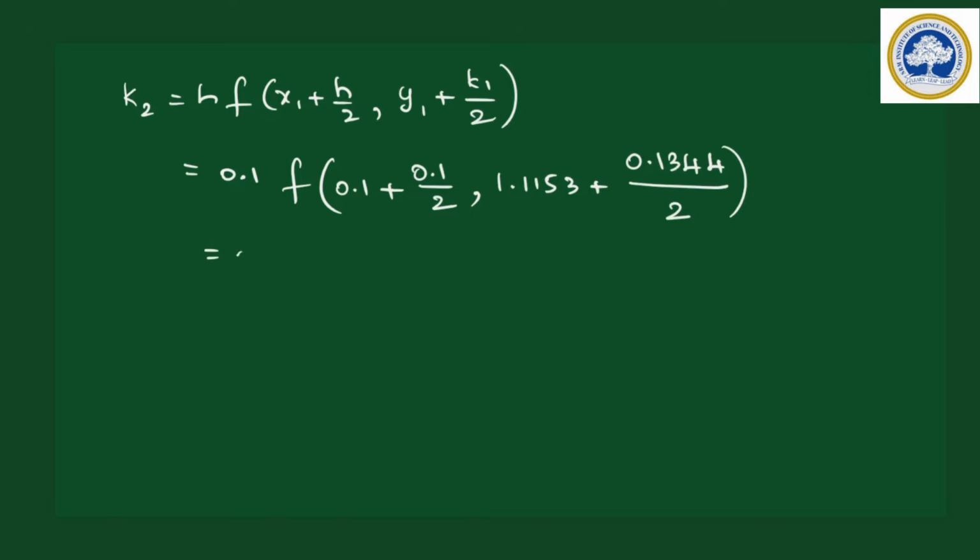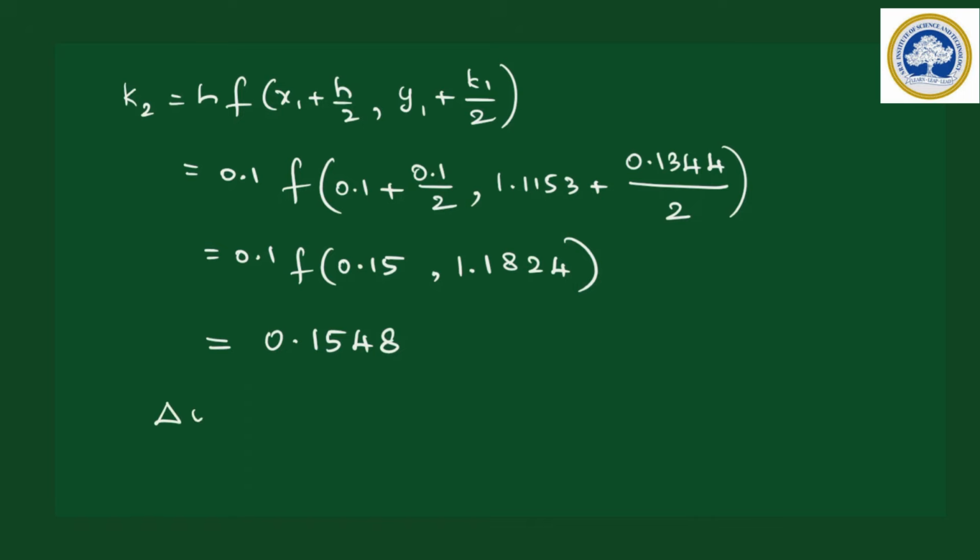Is it clear? So this is 0.1 into f of this calculation. After calculation it will give you 0.15, and the other one will give you 1.1824. So this is x and this is y. Again you put it in the same function and then multiply by 0.1, and we get the answer as 0.1548. So this is k2.